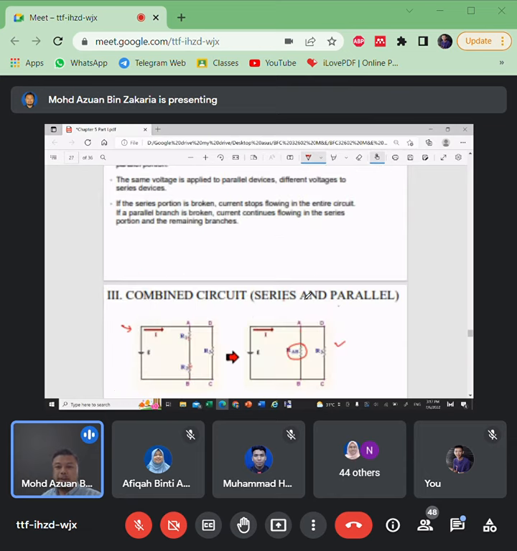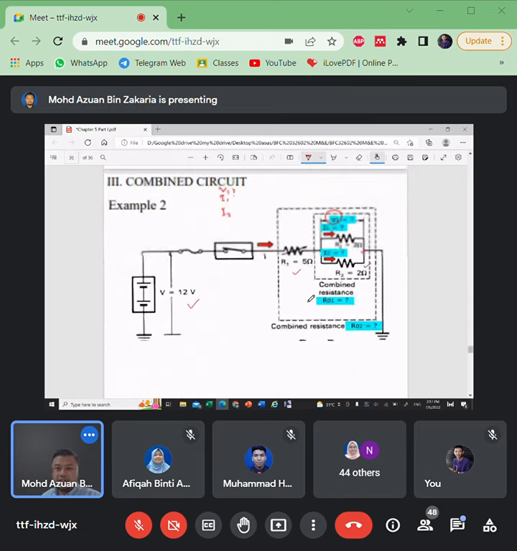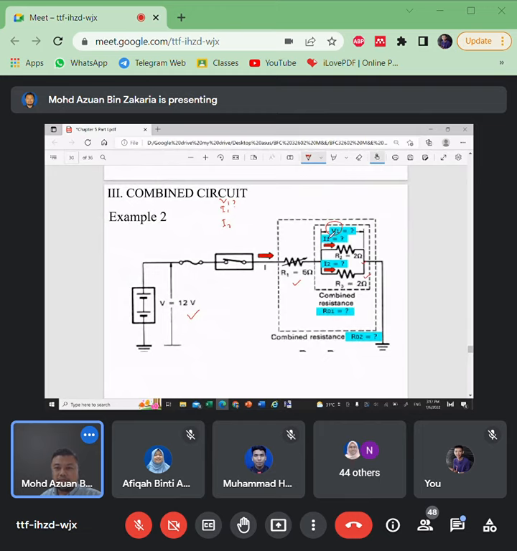So what happens in this question is that the relationship between this parallel and this single resistor is actually series. So you cannot assume 12 volt is here, because this is a combined circuit, even though this part is parallel.